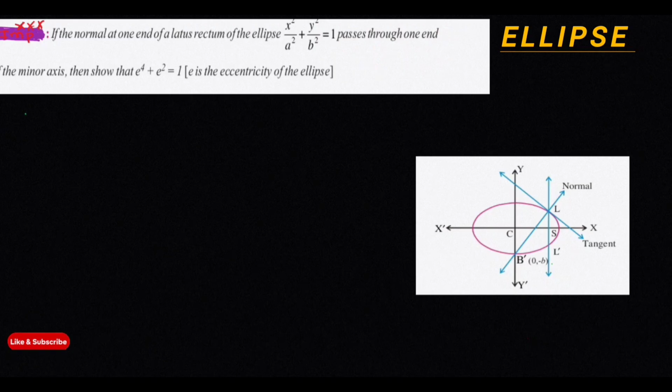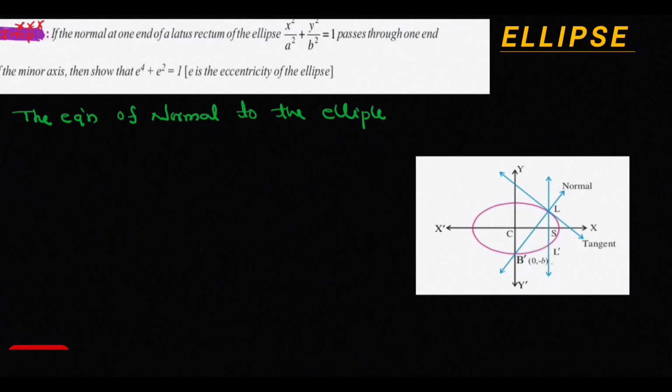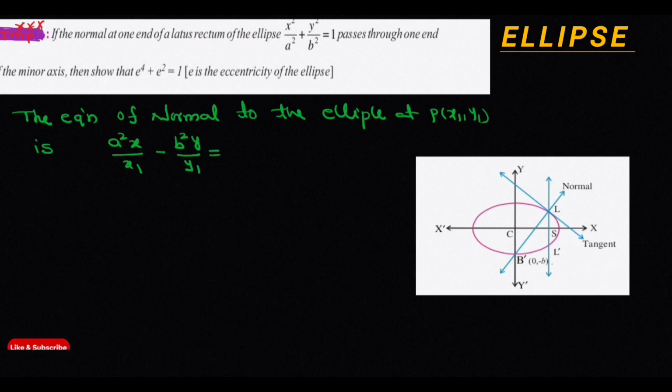First, the equation of normal to the ellipse at point P (x1, y1) is, we know, a square x by x1 minus b square y by y1 is equal to a square minus b square. Formula.